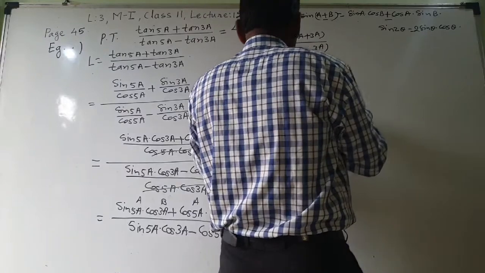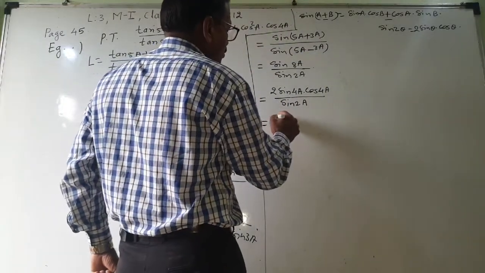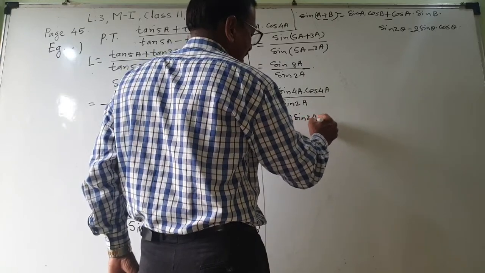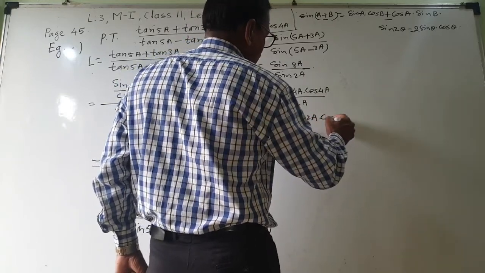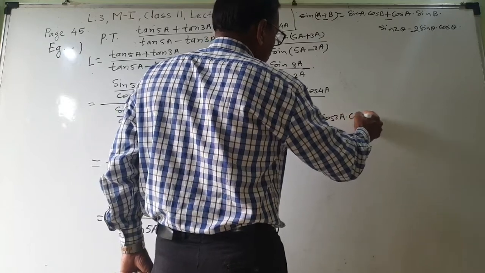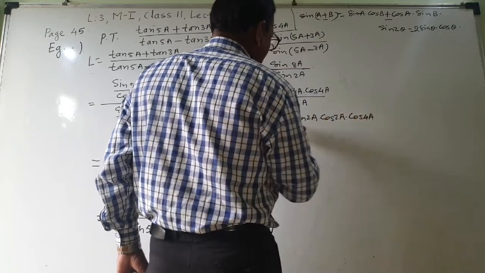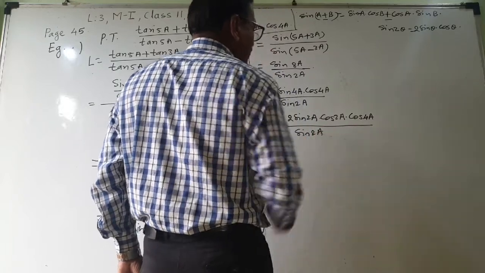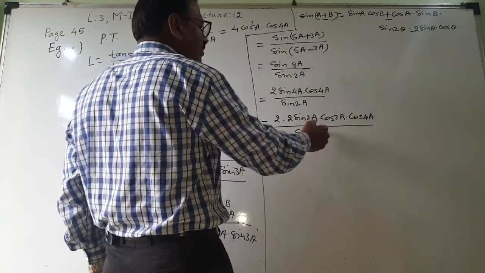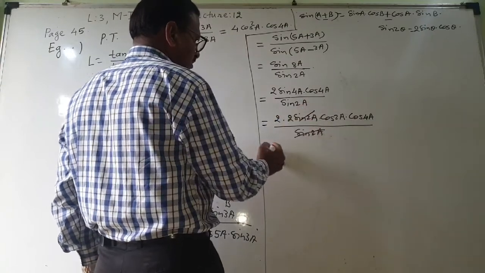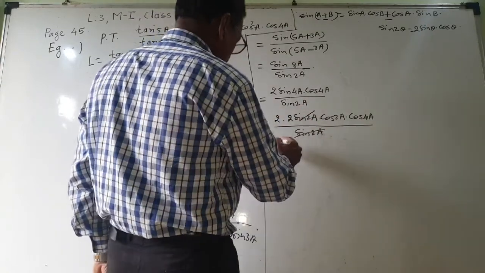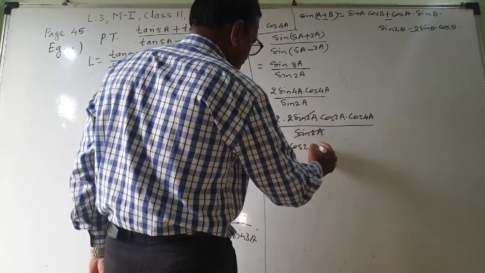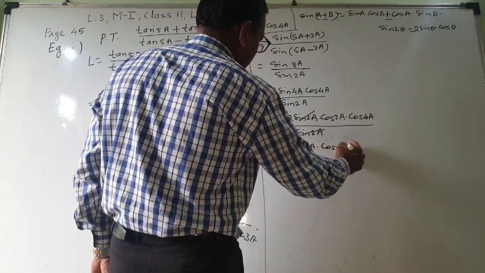So sine 4a means 2 sine 2a into cos of 2a into cos of 4a upon sine of 2a. See, that sine I don't want, I will cancel it. So that is equal to 2 to the 4 cos of 2a into cos of 4a.